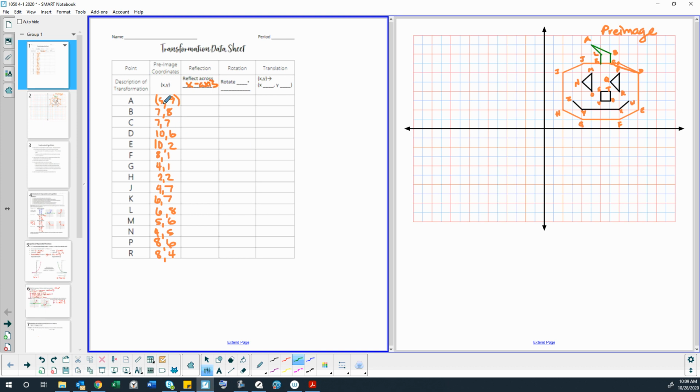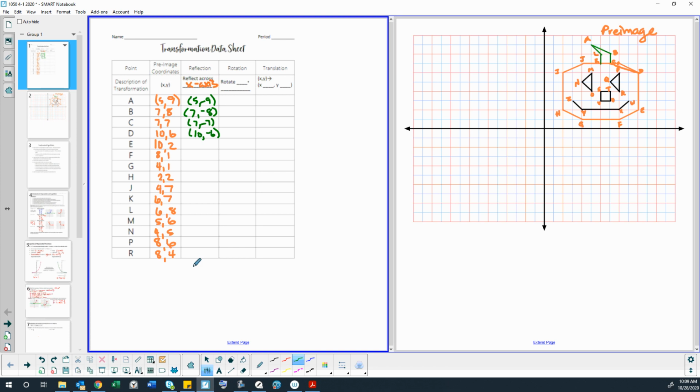So my point at 5, 9 will be at 5, negative 9. And my point at 7, 8 will be 7, negative 8. And then we have 7, negative 7. Do you see what's happening to the points, where the x value is going to stay the same, but the y value is going to change?